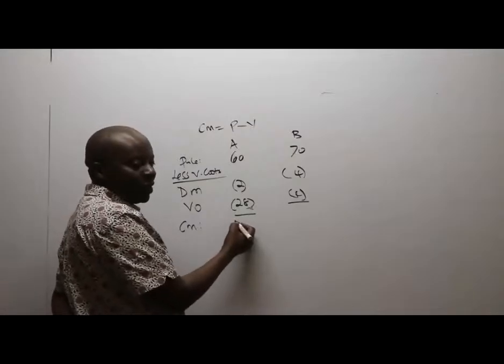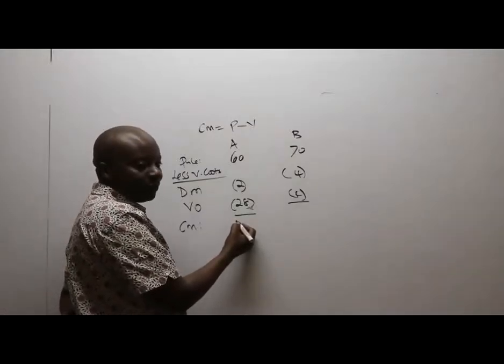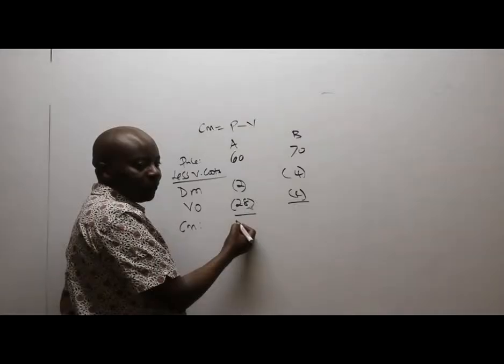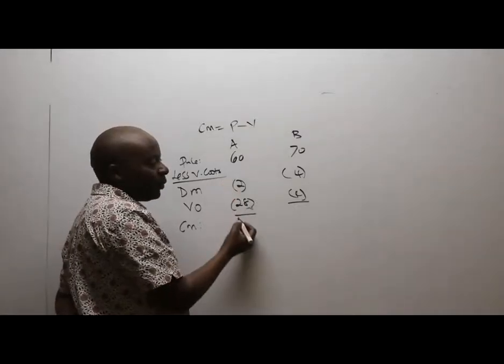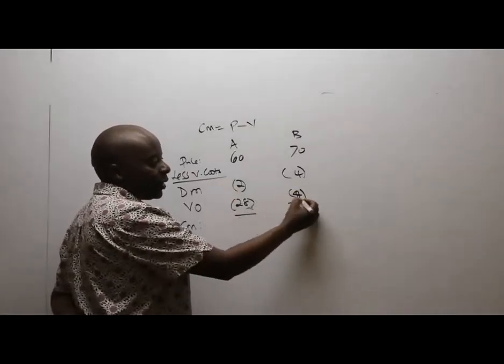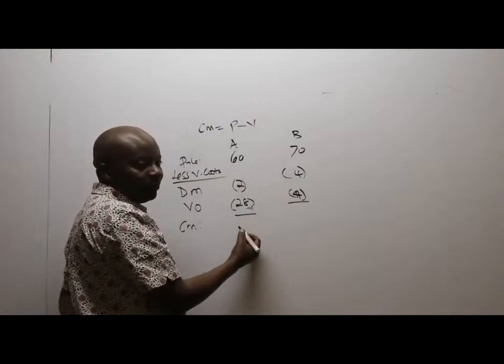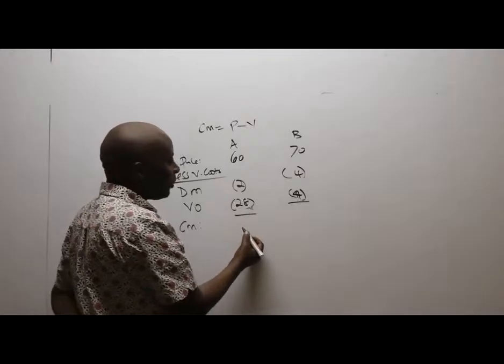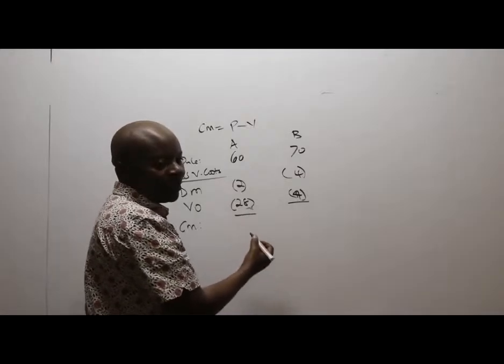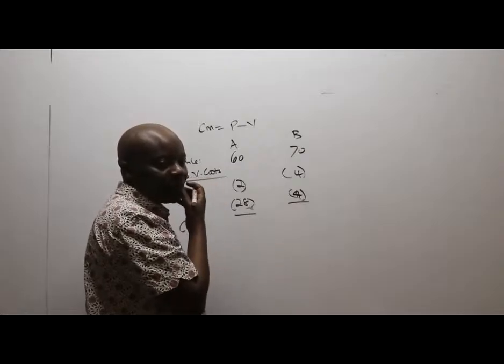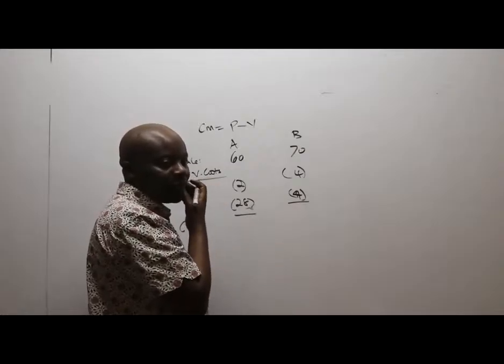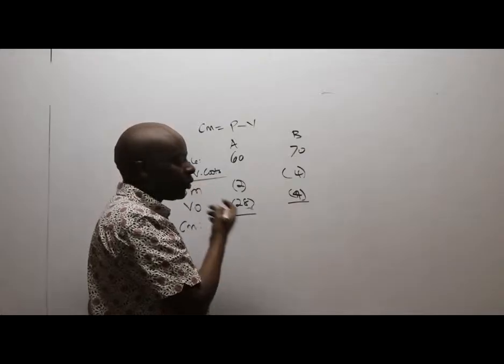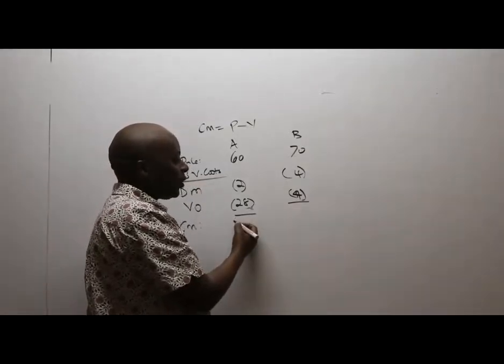Remember, you're subtracting only variable cost. Please give me figures very fast. So 60 minus 2 minus 28.